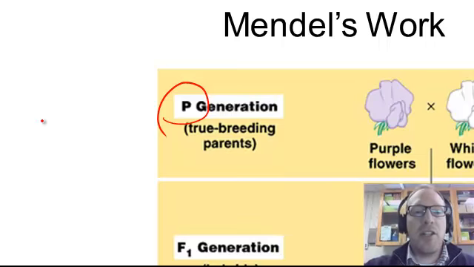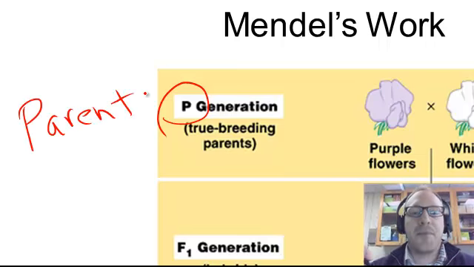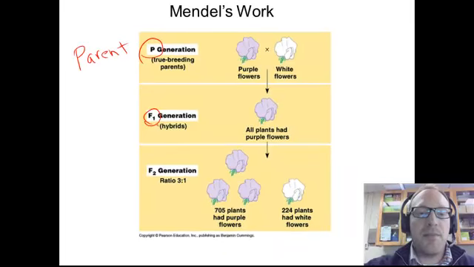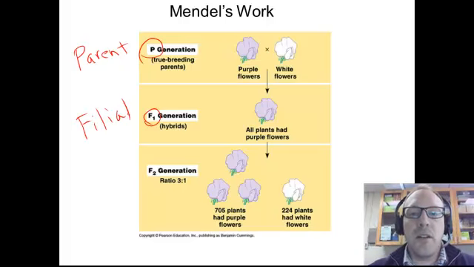That P generation stands for the parent generation, okay? And then the next generation, so the babies, if you will, the children of those parents, this is called the F1, and that one is written in subscript. That means filial. So the first filial is the first set of pea plants that came from the initial cross.